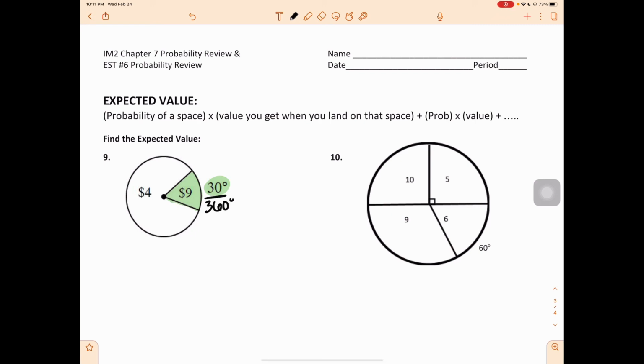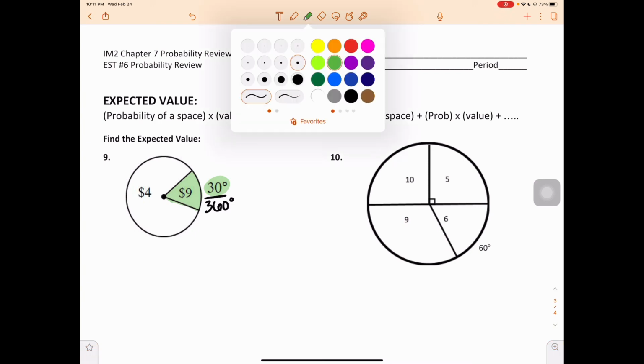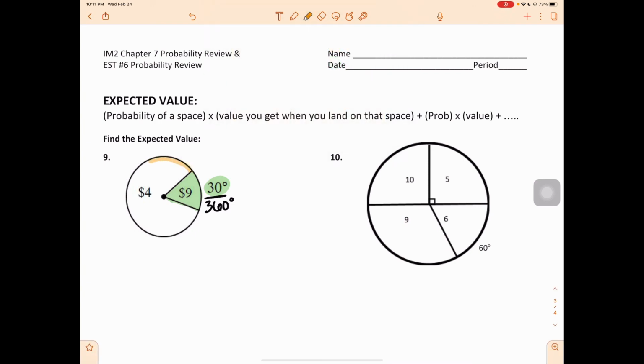So this is 30 degrees out of 360. That should give you enough information. How many degrees is the rest of the circle? If that green part is 30 degrees and the entire circle is 360 degrees, what's left? It'd be 330 degrees.